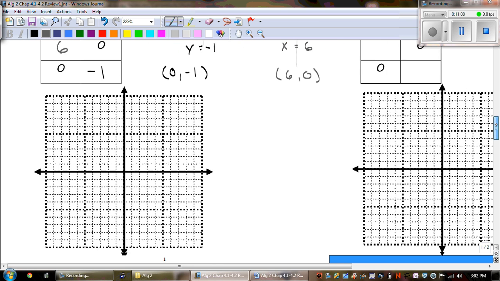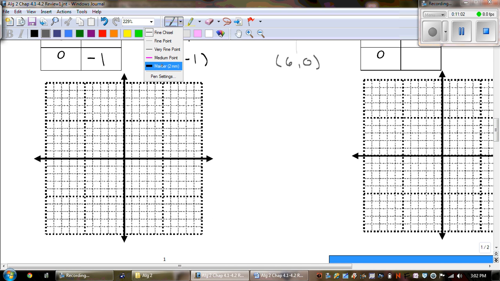Okay, so now that I have those 2 points, we've got 6, 0, so which means I go 6 to the right and 0, and then 0, -1.